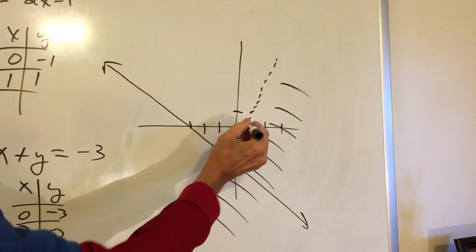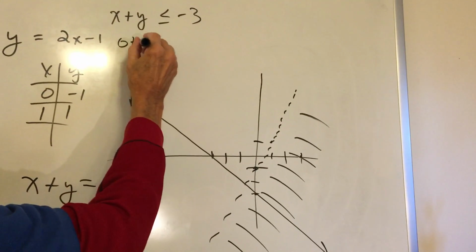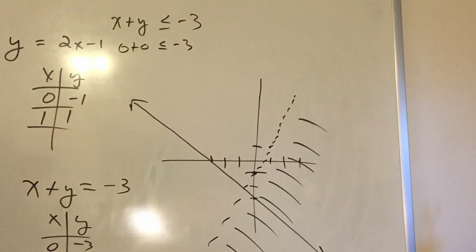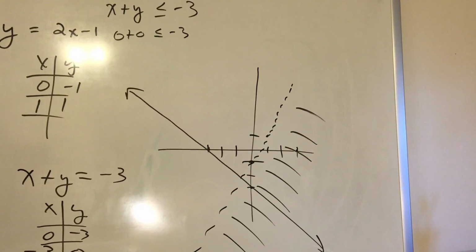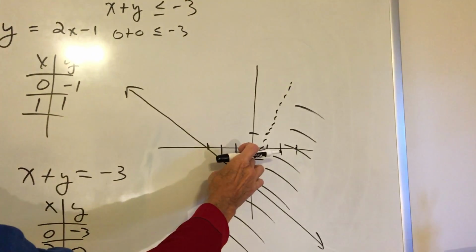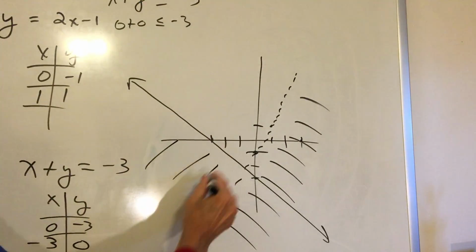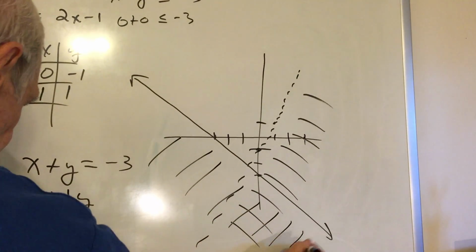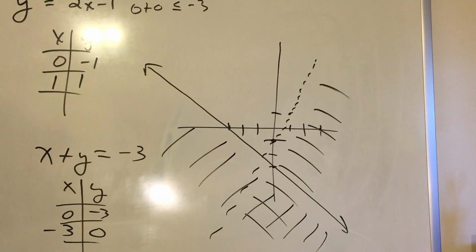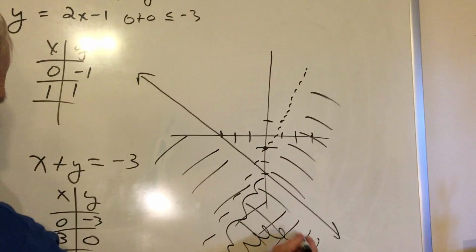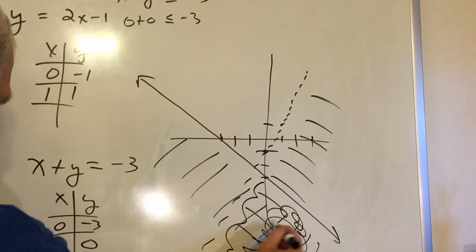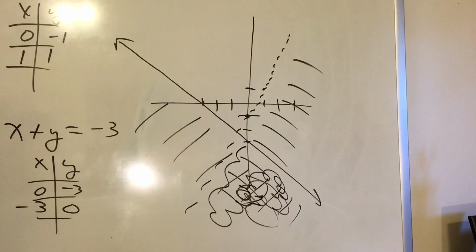We can use 0, 0 again. And 0 less than -3, that's not true, that's false. So we don't want the 0, 0, rather we want this. And then we observe where the two overlap, and they overlap in this area right here. So we fill that in.